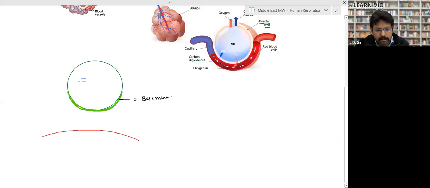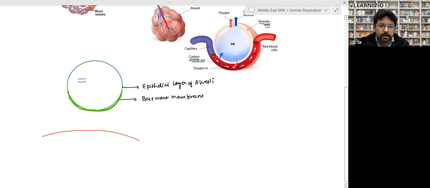Basement membrane. This thing you have to draw. Inside the basement membrane, there is an epithelial layer of alveoli. This is the epithelial layer of alveoli.